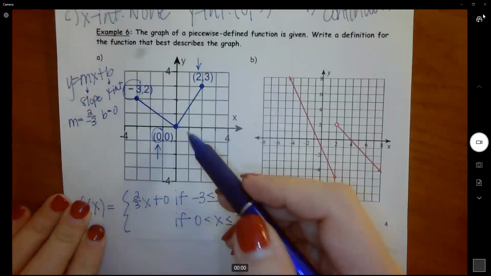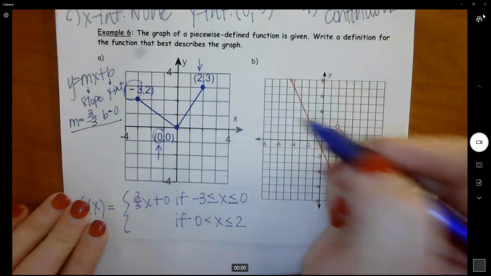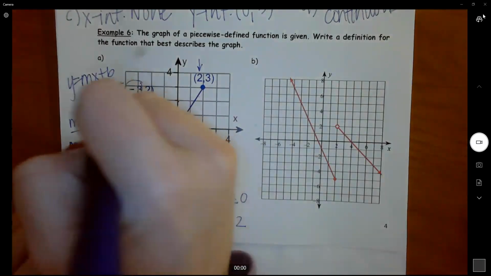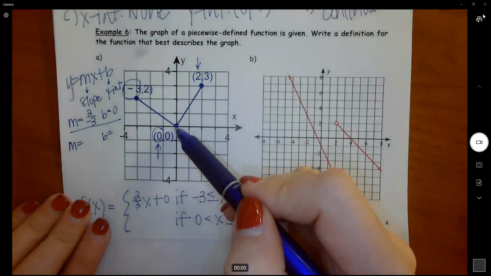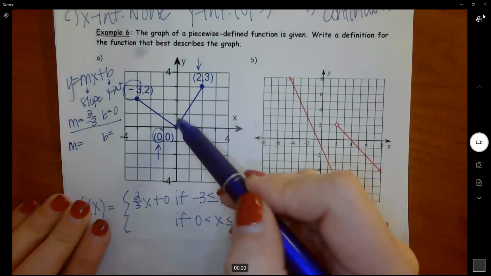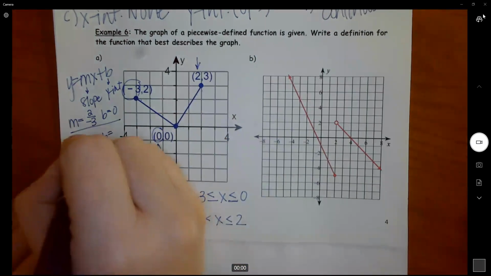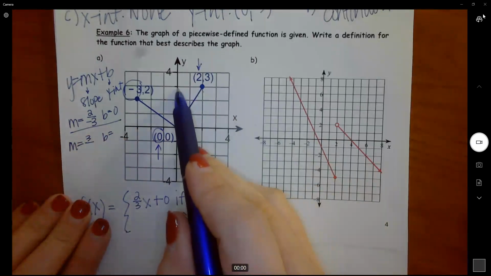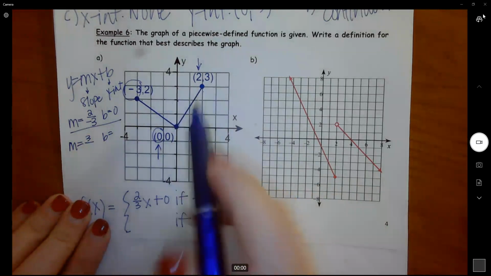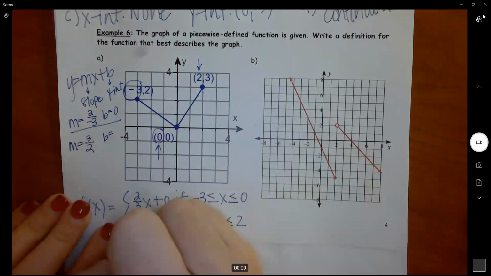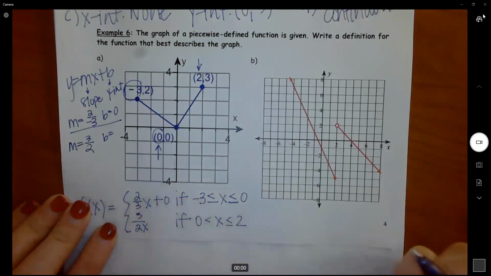Okay, so do the same thing to this one. We need to figure out what is the slope and what's my y-intercept. Well, this one has a slope going from this point to this one, up 1, 2, 3, and then runs 1, 2 in the positive direction. So this is 3 over 2x.